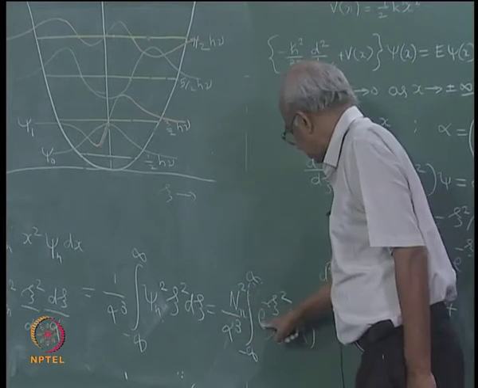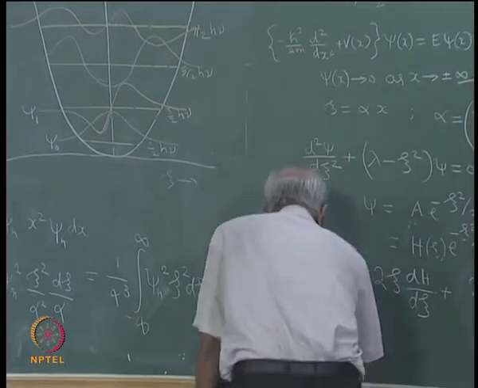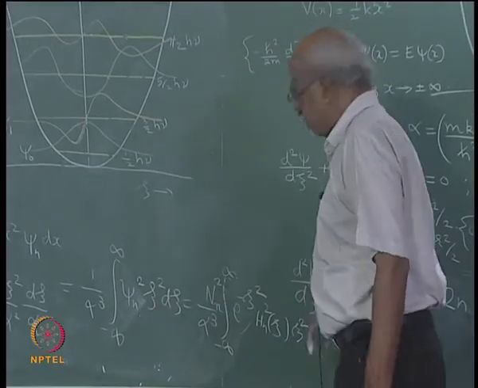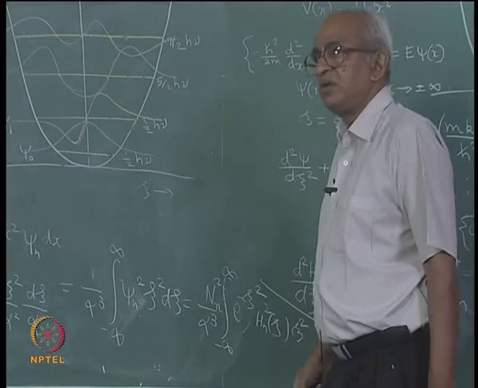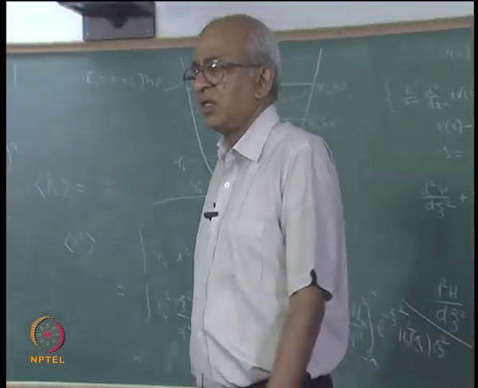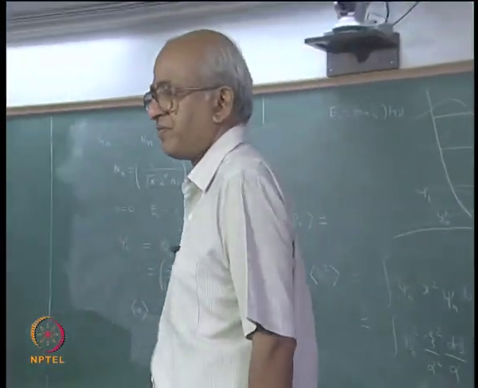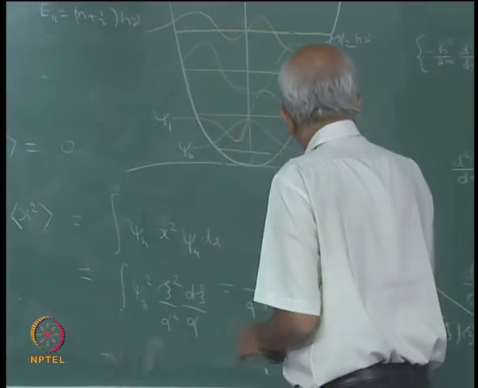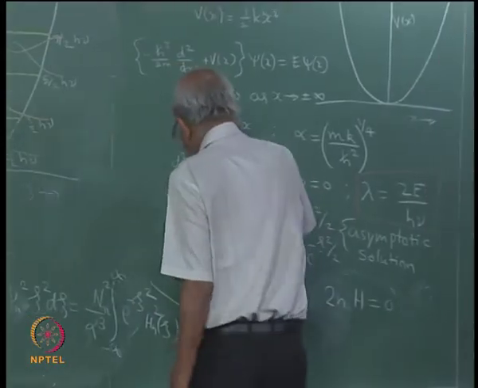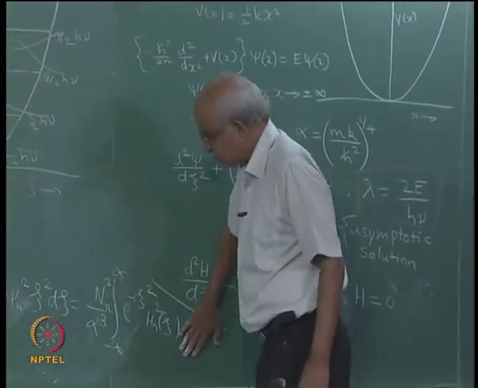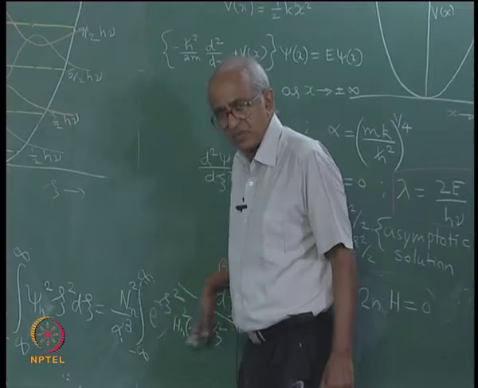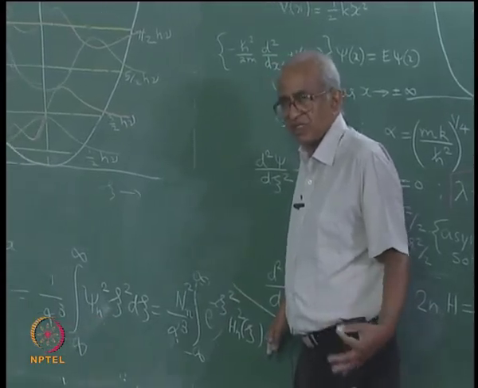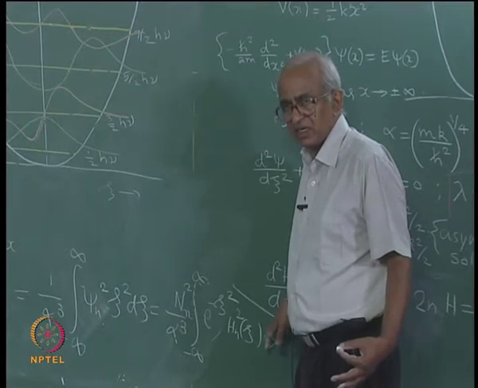Normalization factor has to be there, then you will get this, and this is multiplied by c square, okay. That is the integral that you will have to evaluate, fine. Now, this is almost the normalization integral if it were not for the factor of c square and this alpha cube. This c square is there. So, you have a different integral, not the normalization integral.